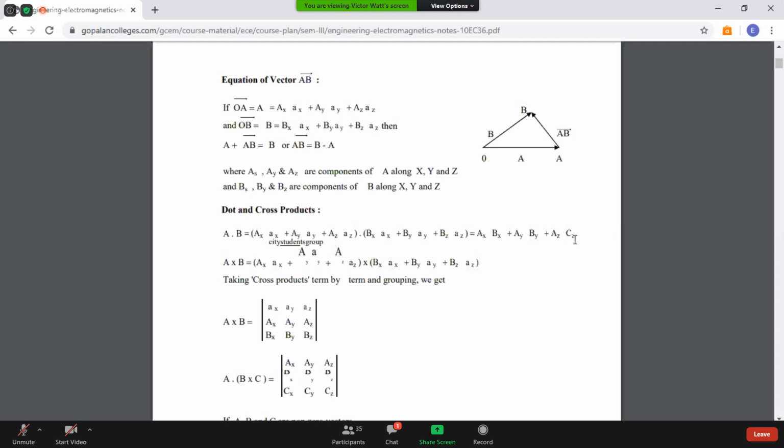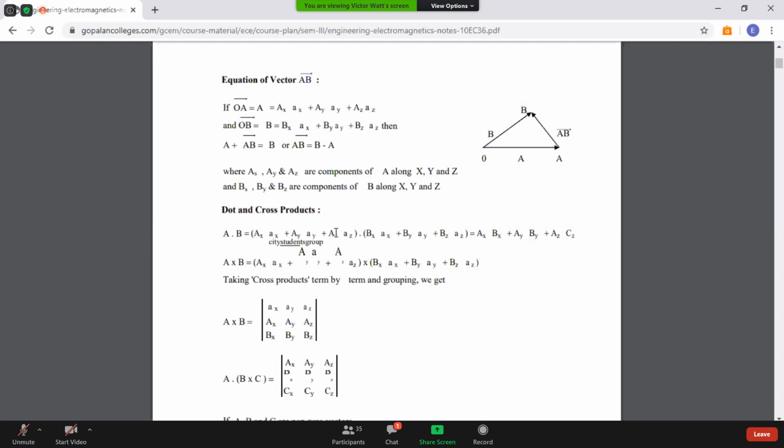Now, cross product. Cross product of two vectors, A and B. Oh, before we move, you notice that A dot B results in a scalar. You notice? Yes, sir.